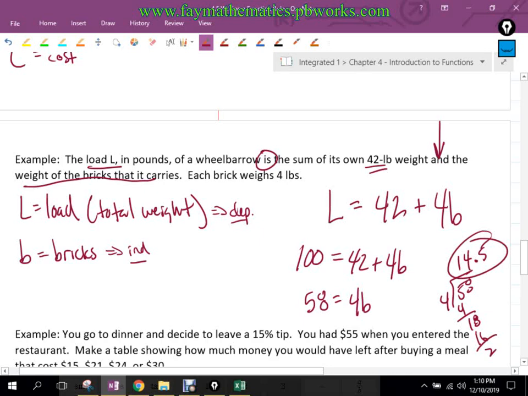So that means I can have, let's say we can't go half bricks, so, let's see, if I can't push 100, if I round up to 15, doesn't that mean I'm going to have over 100 pounds? Because I rounded it up, so I want to go to 14.